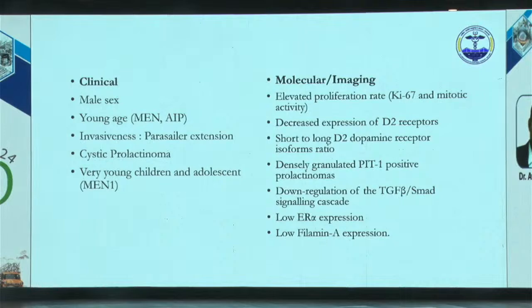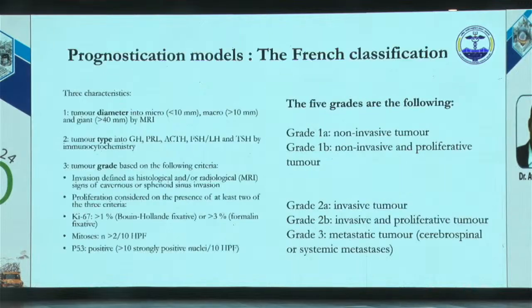And molecular imaging, obviously, if you have a pretty good pathology support, they can give you the Ki67 labeling, mitotic activity. And if you go for the immunohistochemistry, then you see how much dopamine D2 receptors are expressed. ER alpha is very important. That's why a low ER alpha expression in the tumor always gives a sign of resistance, which is usually seen in male.